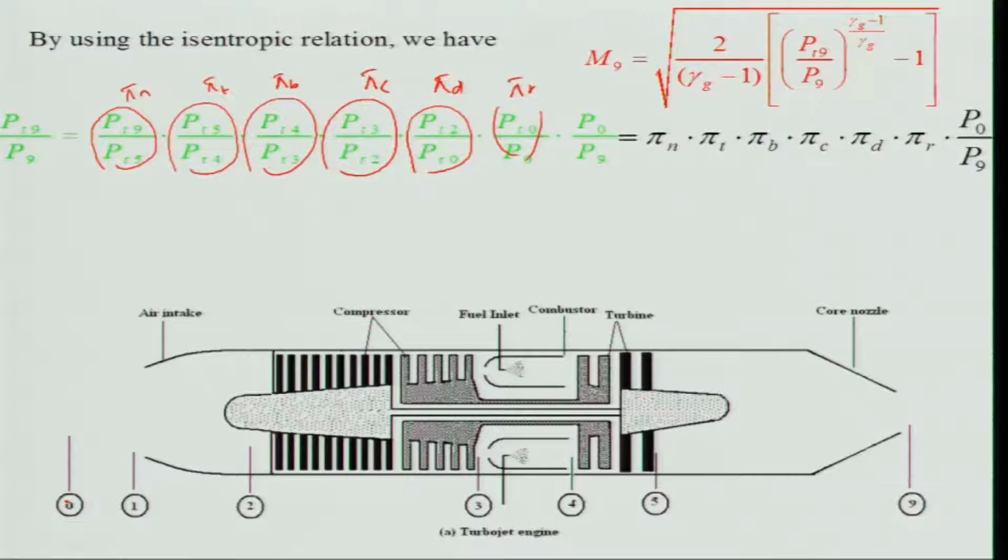These are the things which we need to consider, and we must know what P9 by P0 is. P0 will be given to you, but whether we know P9, we really do not know that.